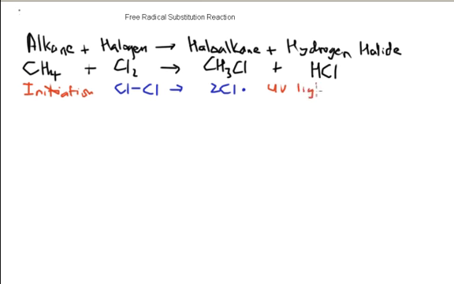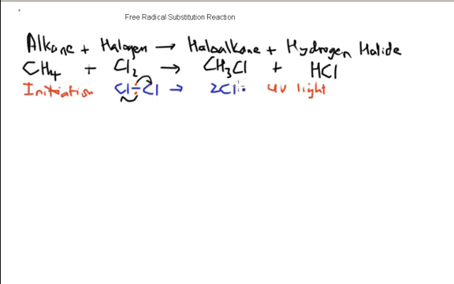So an essential condition is UV light breaks the bond and forms two chlorine free radicals. So in effect what happens is this: the chlorine molecule breaks into the two atoms, and we show that with those arrows.